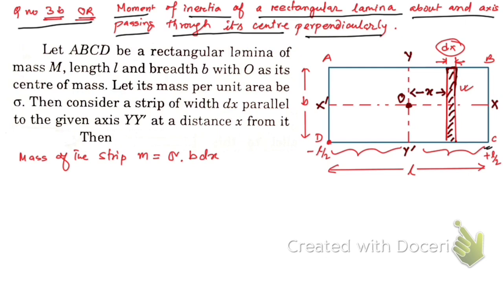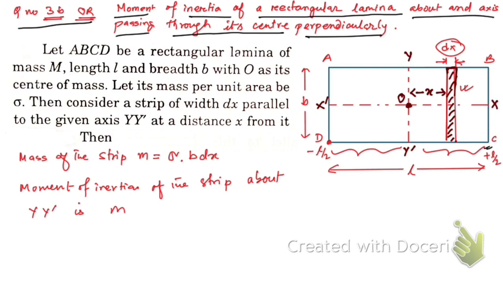So the moment of inertia of the strip about y dash is given by mass into the square of the distance from the axis of rotation, and this distance we have considered as x, so we write m x square.